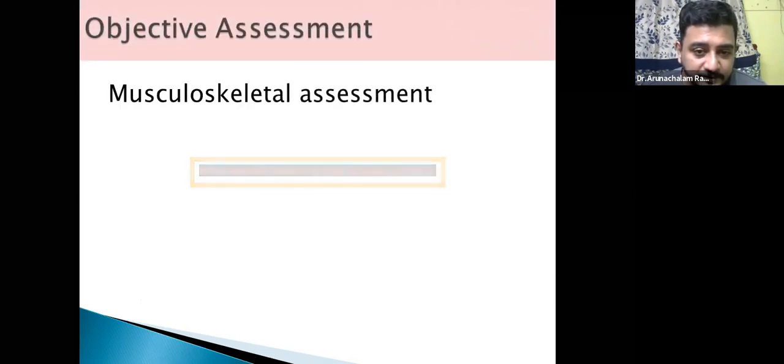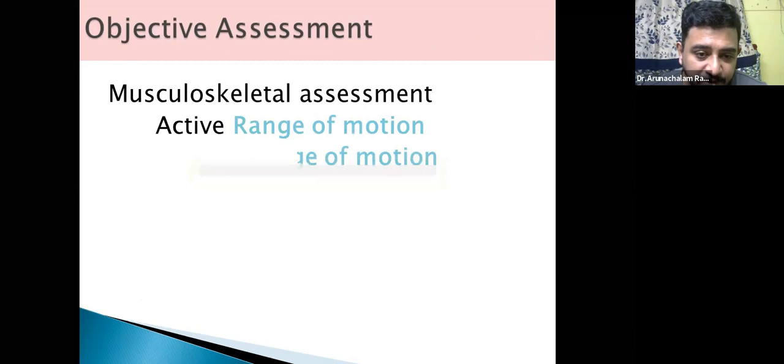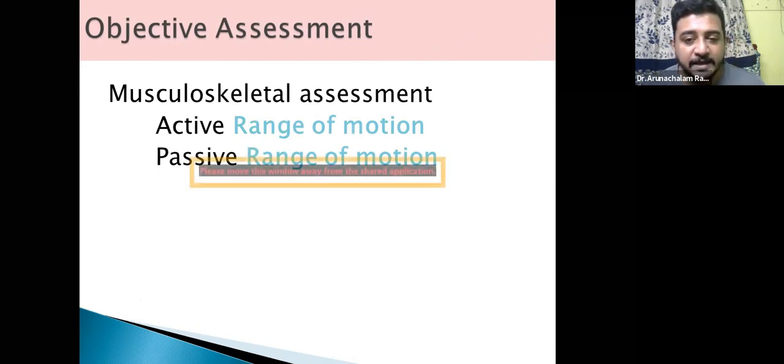Next is the musculoskeletal examination, active range of motion and passive range of motion. Most people ignore this in the case of neurological examination. If I have a full and free passive range of motion, but my active range of motion is limited, then I will say the problem is with the muscle or the control mechanism of the muscle, where the active range of motion is diminished but the passive movement is fine.